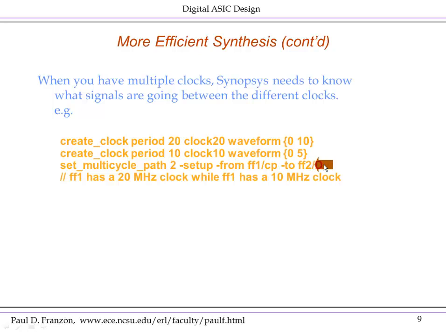So what we're doing here, as we're moving from a faster flop to a slower flop, we're telling Synopsys that path can take 2 clock cycles in terms of the faster flop's clock cycle in order to complete that transition between those 2 flip-flops. And by using this, then you can manage multiple clocks going specifically between successive flip-flops.